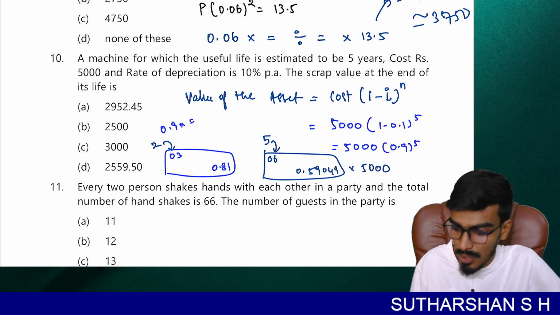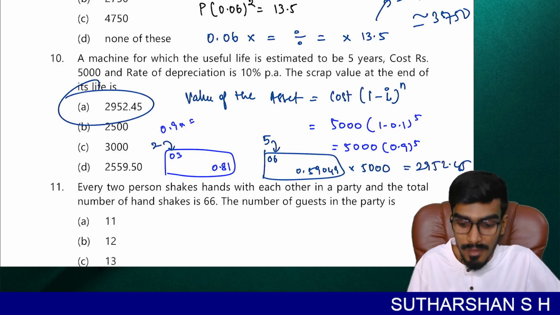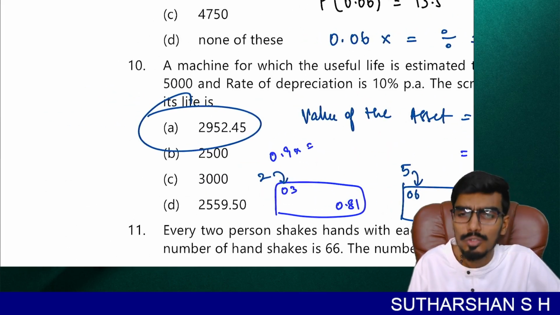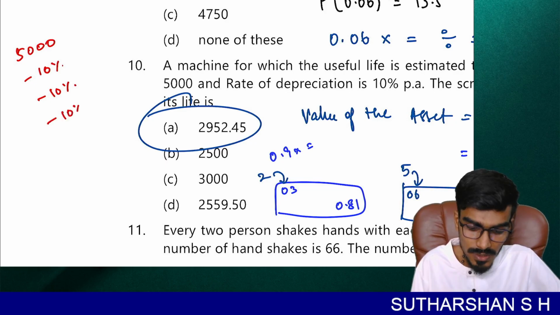Now simply multiply by 5,000. You will get the exact answer 2952.45, which is option A. Okay, I will give you one more trick for those who are not remembering the formula, but the same application of formula will be done. Take the value 5,000. Do minus 10%, minus 10%, minus 10%, minus 10%, minus 10%.